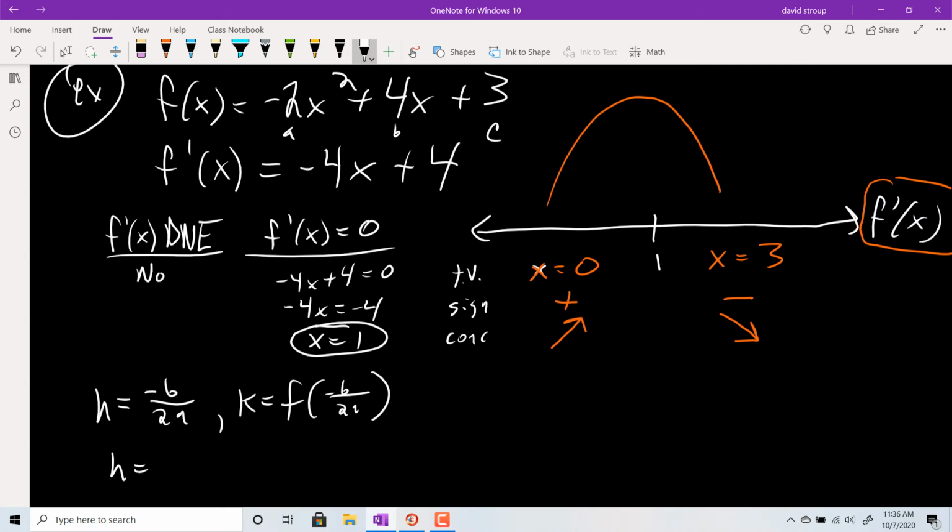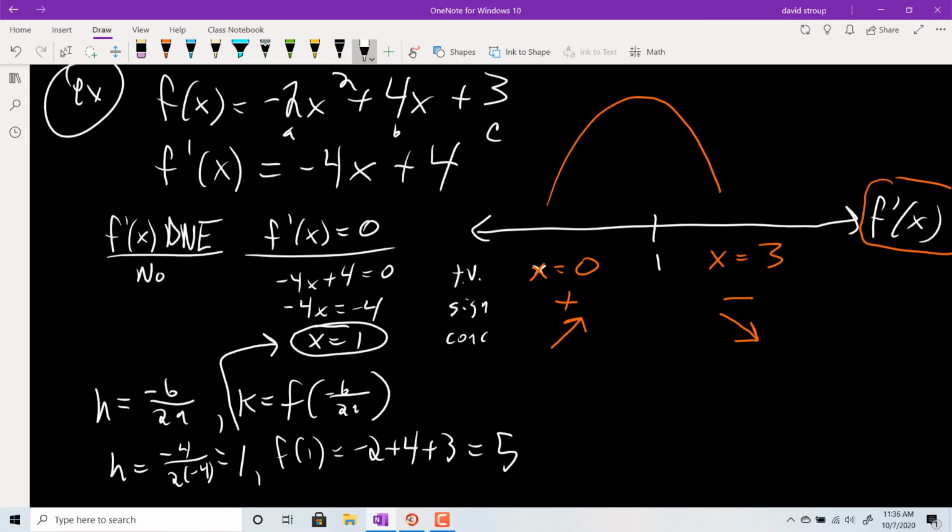So h is negative 4 all over 2 times negative 4, which is also going to be 1, right? And again, that's the x value of the vertex. If you want the y value, you just plug 1 into the function. And that'll turn out to be the max value.